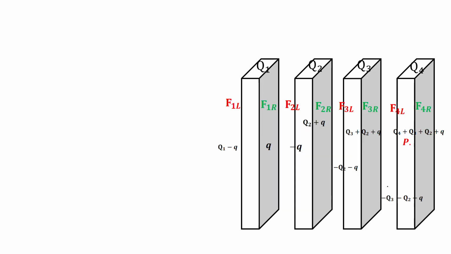Now let us consider the four conductors that we have just discussed, and we have distributed the charges. I have just explained it. So on the left plate it is Q1 minus Q, on F1R it is Q, by Gauss law it is minus Q, and on F2R it is Q2 plus Q. Likewise we have just discussed all these charges.